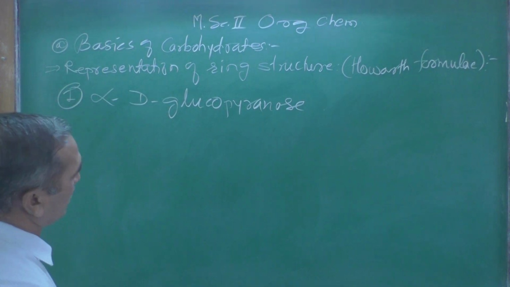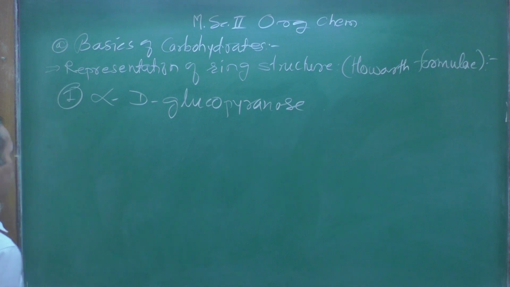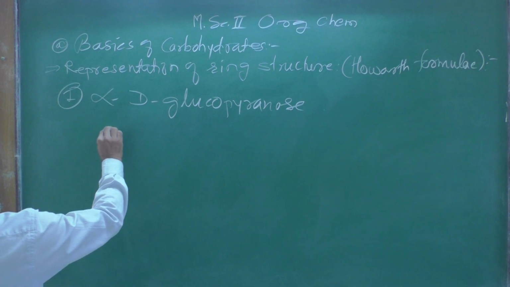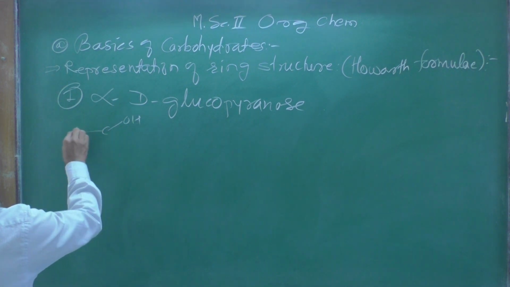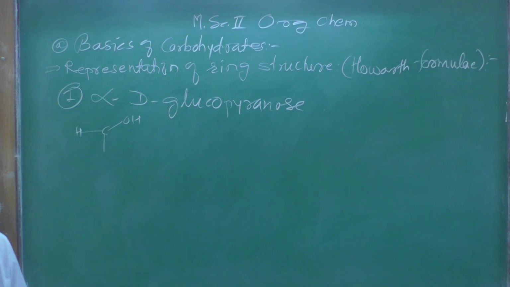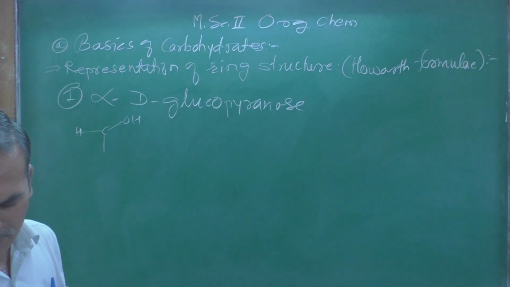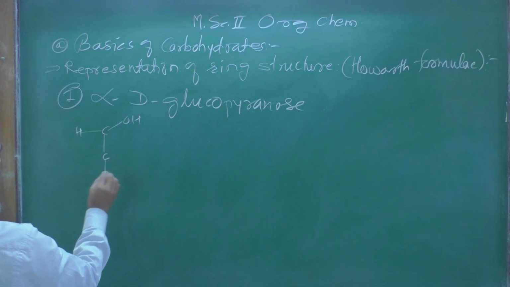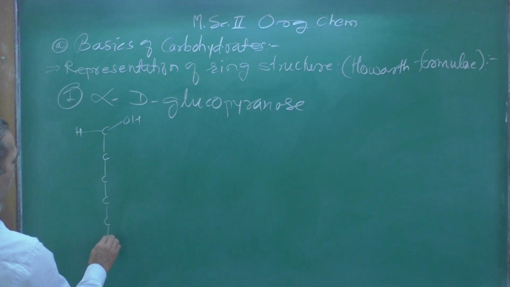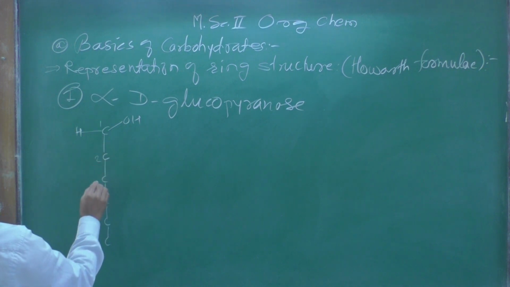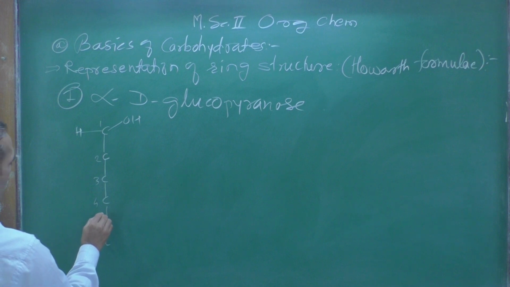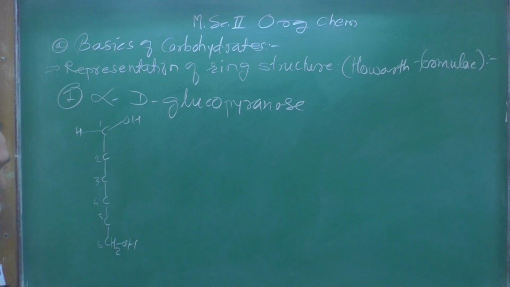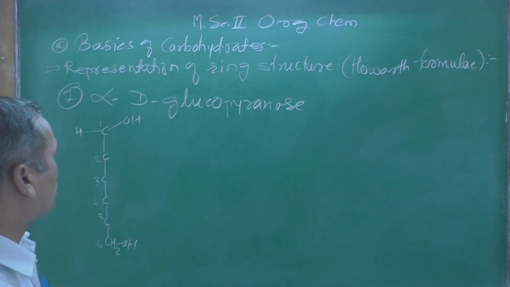Suppose we have this carbon atom, one hydrogen atom here, and now I am representing the 6 carbon atoms: this is carbon number 1, 2, then 3, 4, 5 and 6. At carbon 6 we can write CH2OH over here, and the rest here.